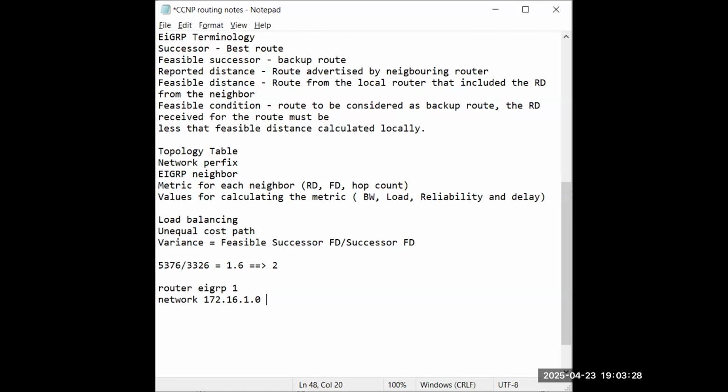If we have a specific subnet mask to be defined, then we need to define it. So let's consider it as a class C range, 0.0.0.255. This is the wildcard mask, right? We are mentioning all the network bits as 0 and host bits as 255.